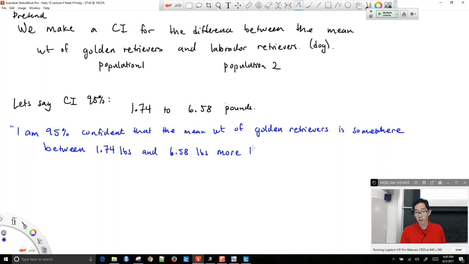more than the mean weight of Labrador retrievers.